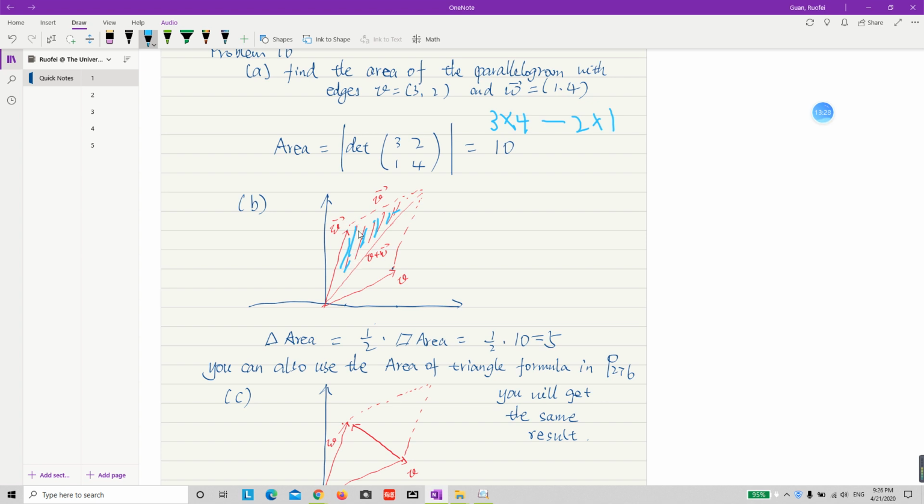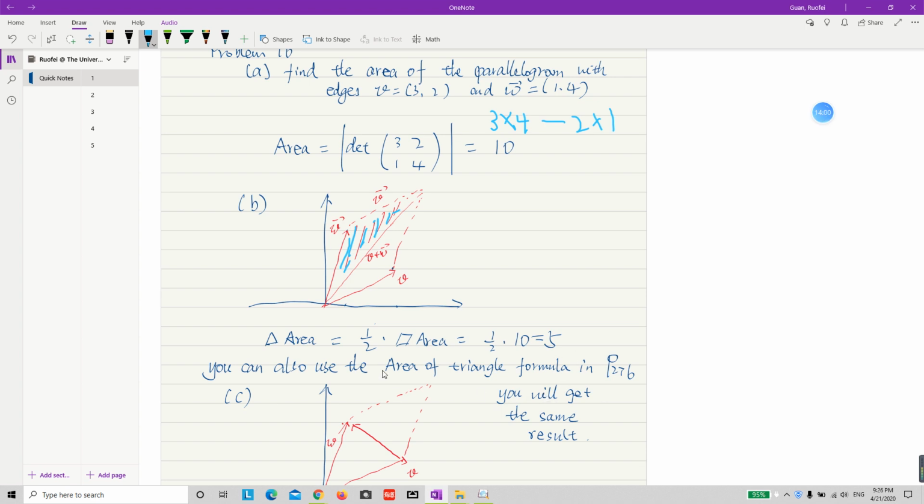We know that this triangle area is equal to 1 over 2 times the area of the parallelogram. So it is 1 over 2 times 10 equals 5. You can also use the area of triangle formula on page 276. You will get the same result.